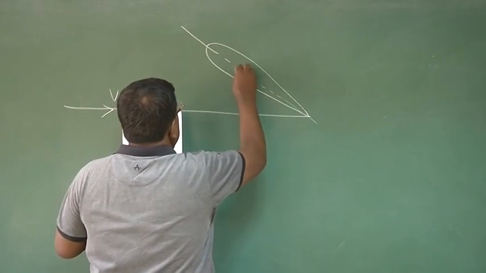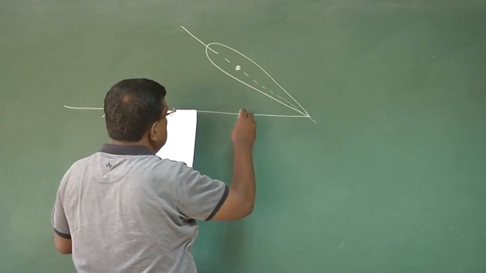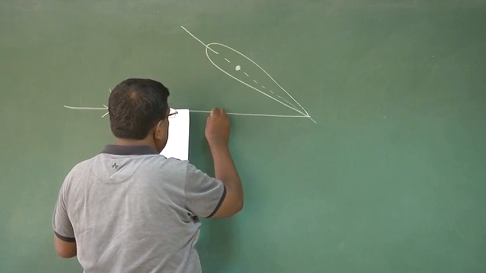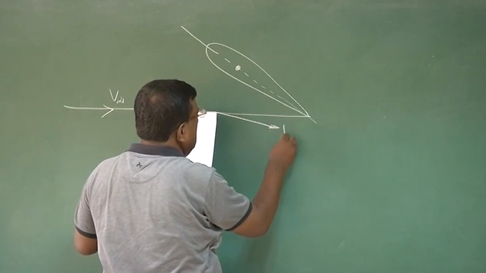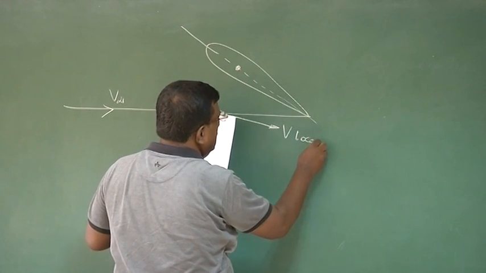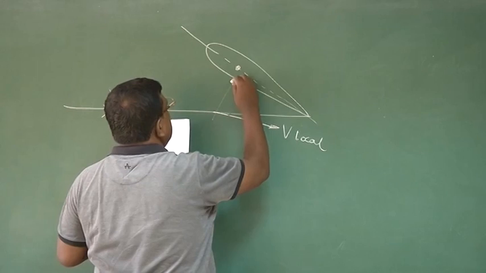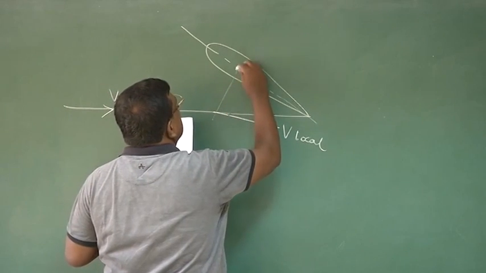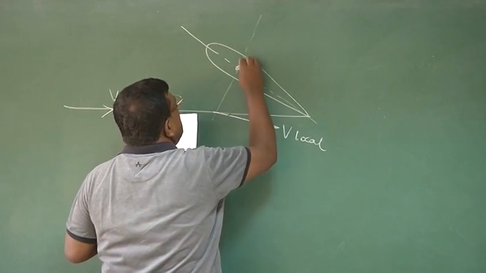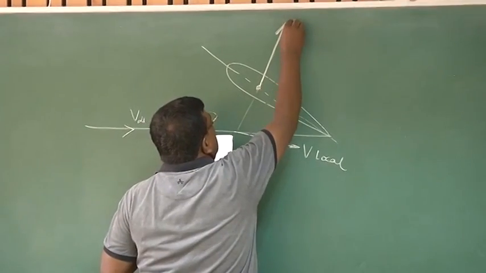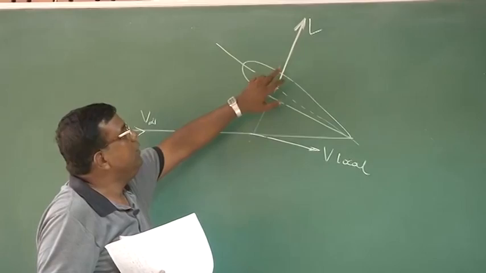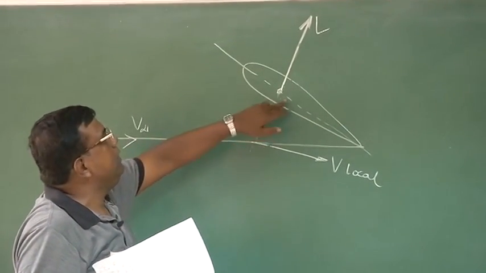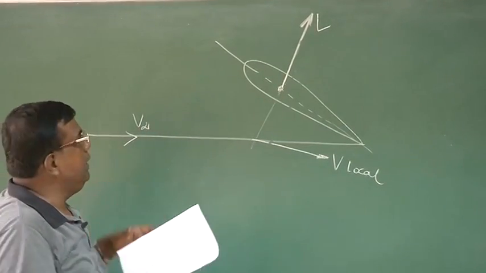And because of downwash, this direction has changed to the local velocity, V local. Now here, if I try to draw lift, I know this will be perpendicular to the local flow condition. This lift seen by the wing will be perpendicular to the local flow condition, not to V infinity, right?